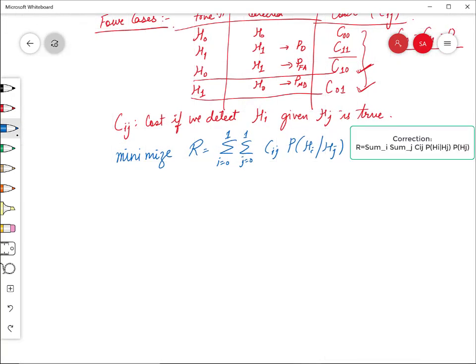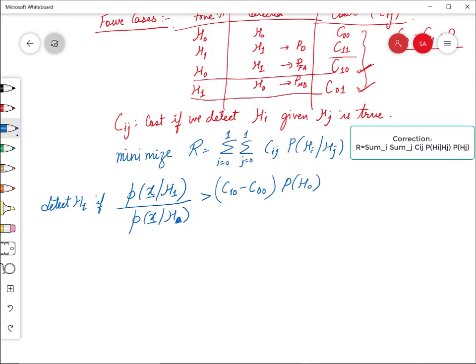And we can solve this problem in a similar fashion as we did for the earlier case, and it turns out that the solution is that you detect h1 if the ratio of the likelihood functions is greater than (C10 minus C00) times the probability of h0, divided by (C01 minus C11) times the probability of h1, and this is equal to lambda in our case.